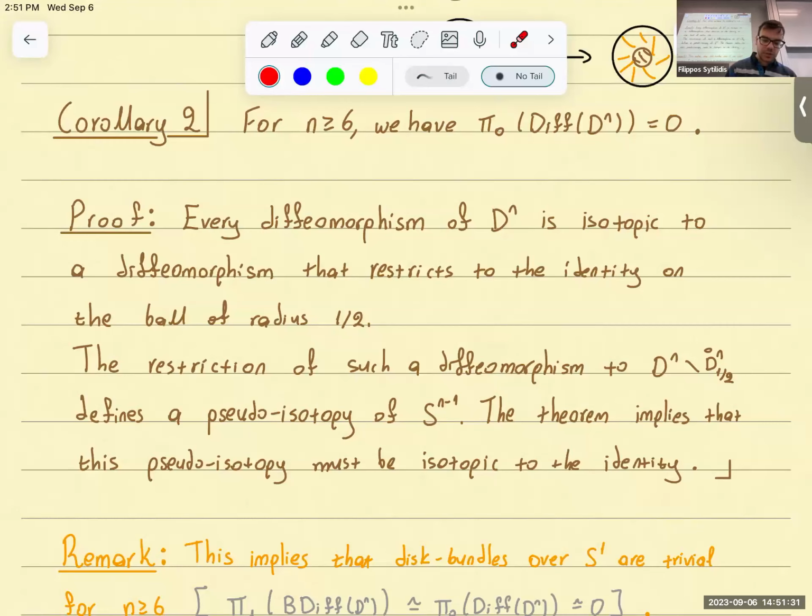If one were to consider a similar group, like the diffeomorphism group of the disk rel boundary, where I'm restricting to those diffeomorphisms that fix the boundary pointwise, that's a much more complicated group. And its pi_0, I don't think it's known for any value of n greater than 3, I think.